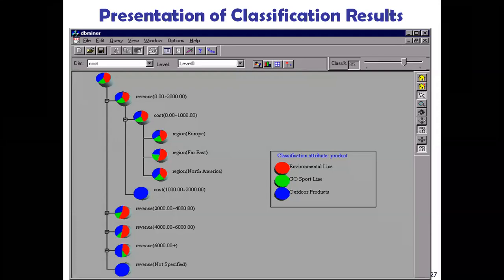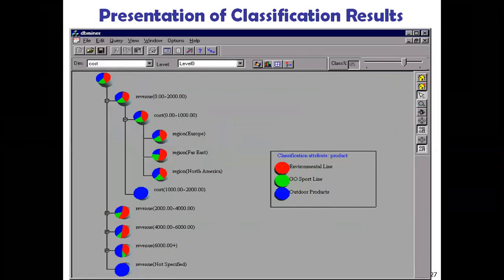But whenever the product cost increases, that is in outdoor products, mainly have more revenue compared to local revenue.